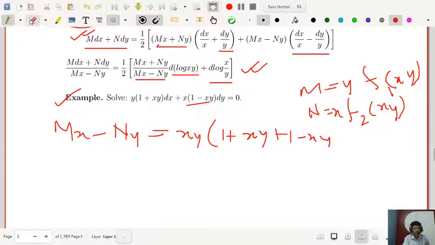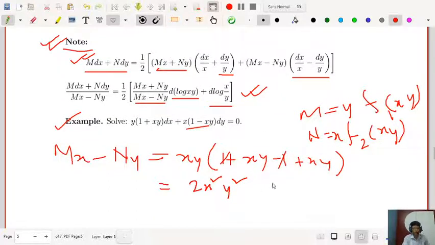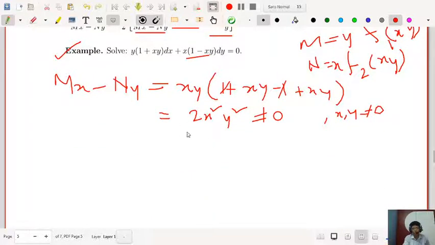Oh sorry, I am doing the subtraction, so it will be 1 plus xy minus 1 plus xy. So 1 gets cancelled, and you have 2x squared y squared, which is not equal to 0 for xy not equal to 0.